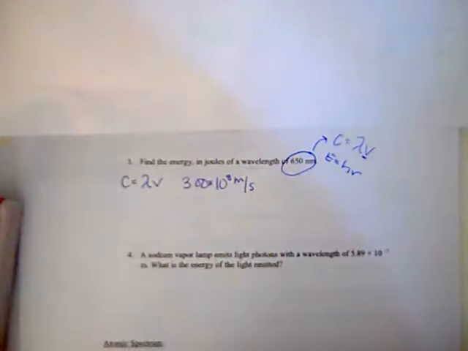Okay, so 650 nanometers. If I use this equation, c equals lambda nu, I can't use nanometers because the speed of light is in meters per second. So 650 nanometers: for every 1 nanometer, there's 1 times 10 to the negative 9th meters.